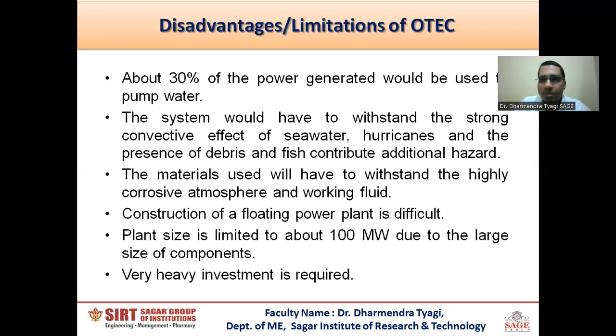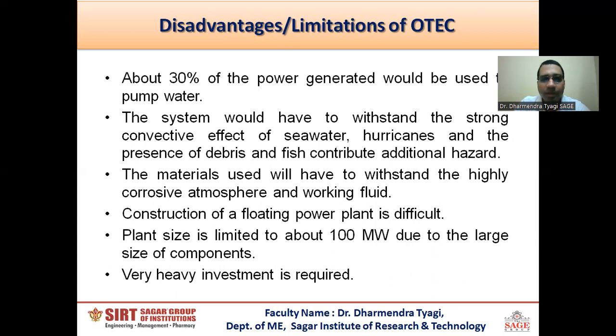Some of the limitations of the OTEC plant: about 30% of power generated would be used to pump water. The system would have to withstand the strong convective effect of seawater, hurricanes, and the presence of debris and fish contribute additional hazard.